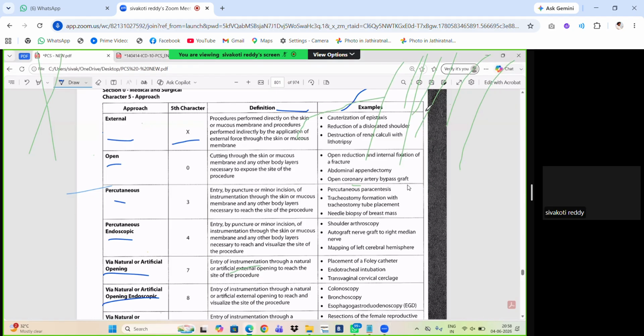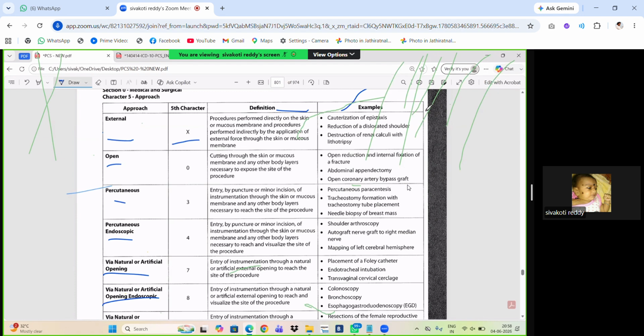So first thing, the external value should be X. External means any procedure they performed directly or indirectly by applying force on the skin, and they complete the procedure at skin level. Directly they perform on the skin or indirectly they apply some pressure on the skin and complete the procedure.